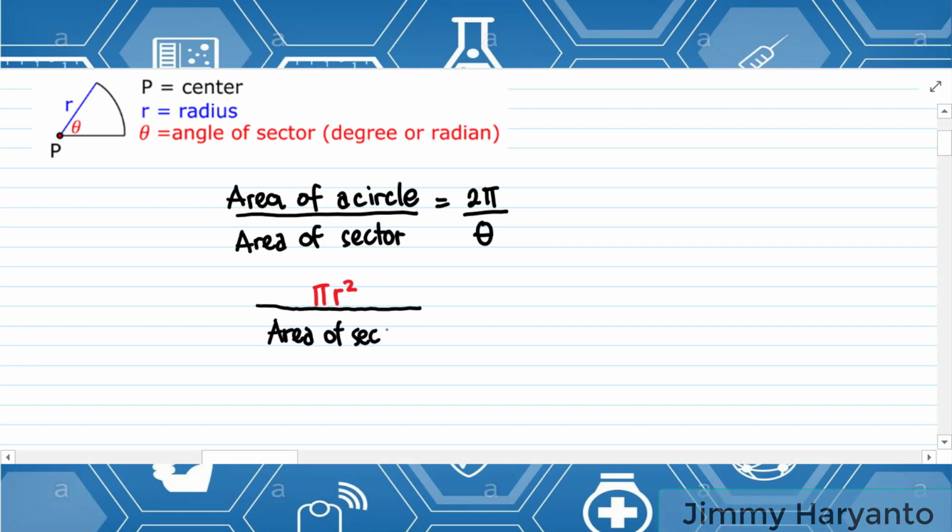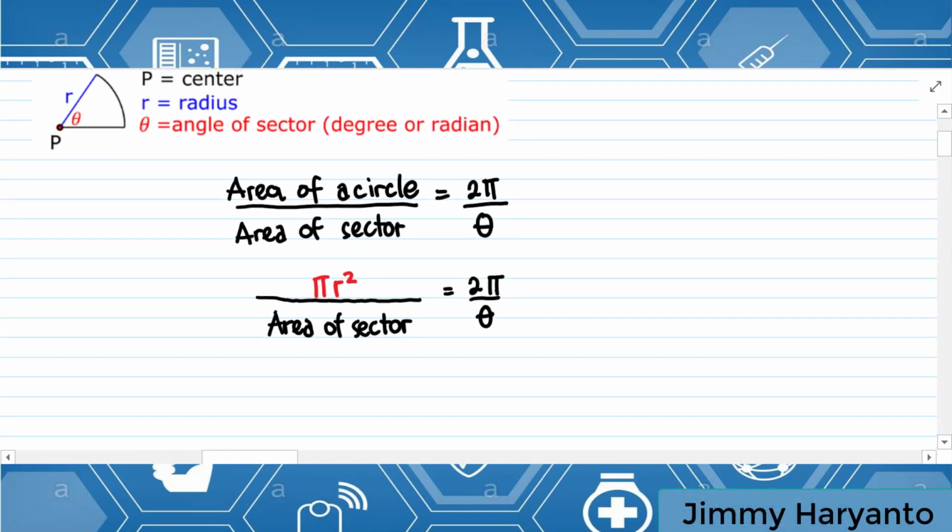Area of sector over 2 pi equals theta over... then you can cross multiply it. It will be theta times pi times r square equals 2 pi times the area of sector. I will shorten it to AOS.